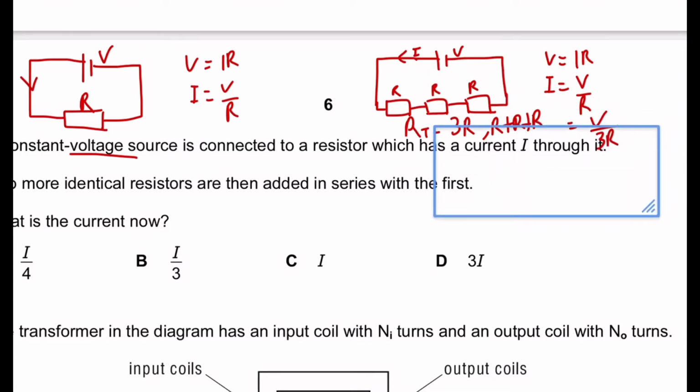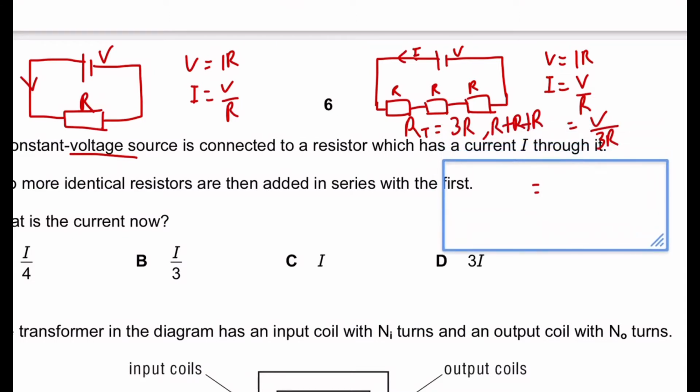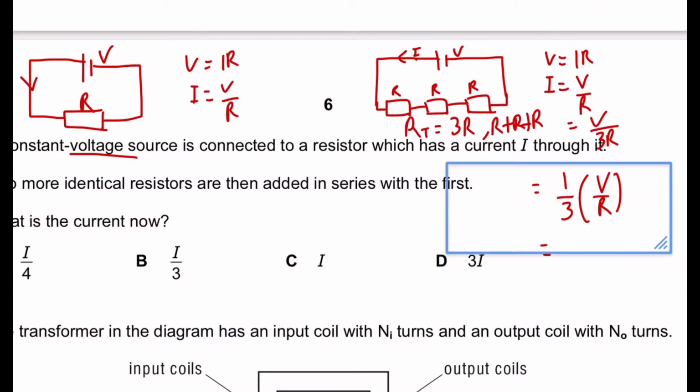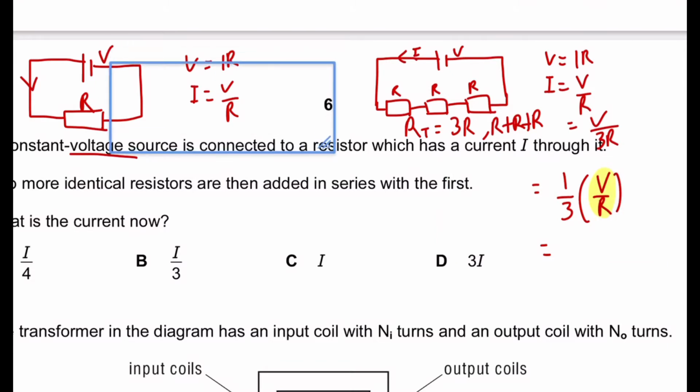We can then separate this V divided by 3R into a third multiplied with V divided by R. We can then substitute the V divided by R variable with the first one, which is right here.